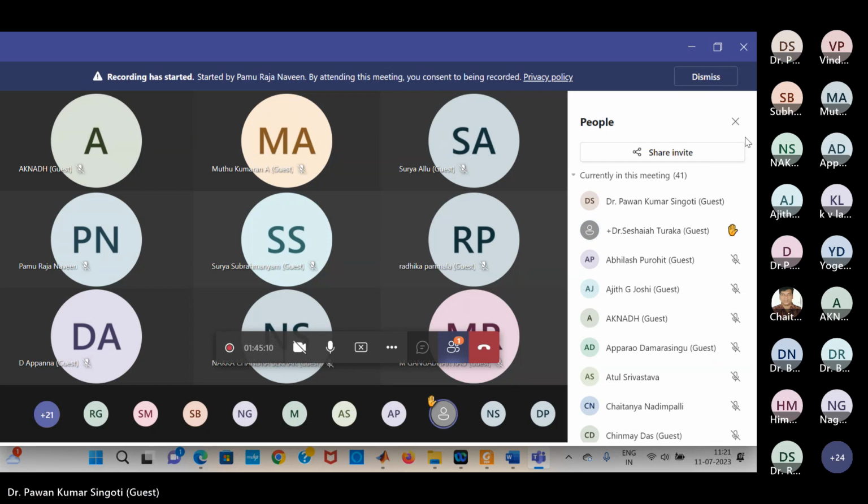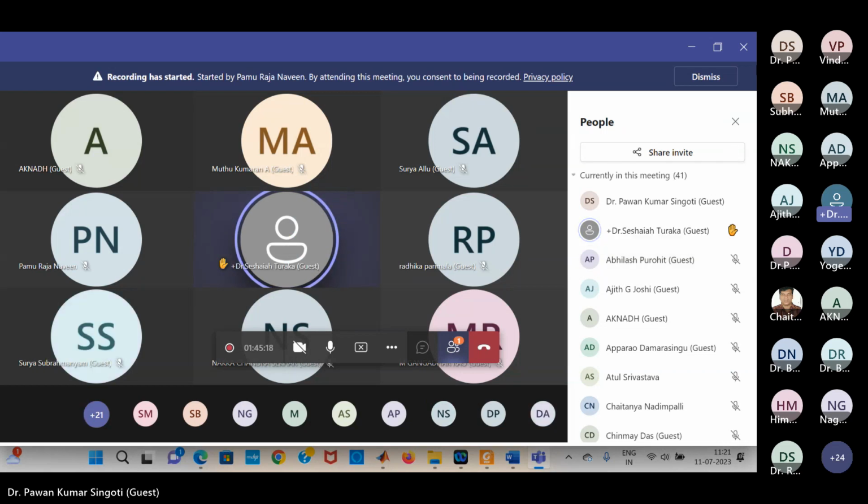Sir, is any manual available to learn this entire concept, the complete MATLAB software? Yes, if you want, I will share with you.